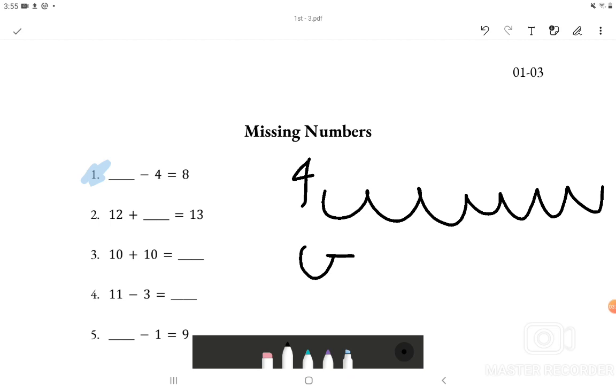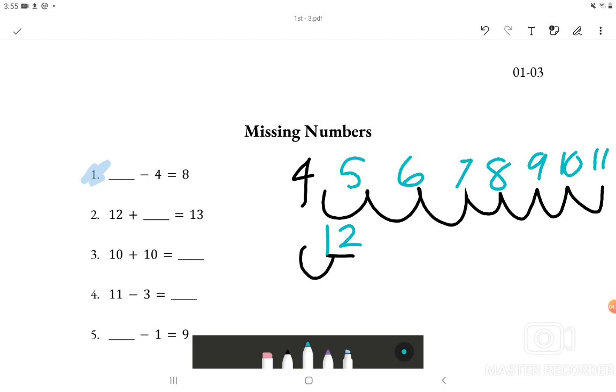And when we count, we would have 4, 5, 6, 7, 8, 9, 10, 11, 12. So we know the answer is 12 for number 1.